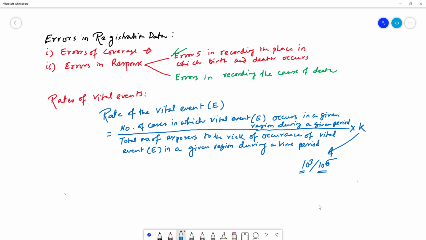Now every rate relates to, first, a particular vital event, that is birth or death; second, a given geographical region, for example India or West Bengal; third, a particular period of time.